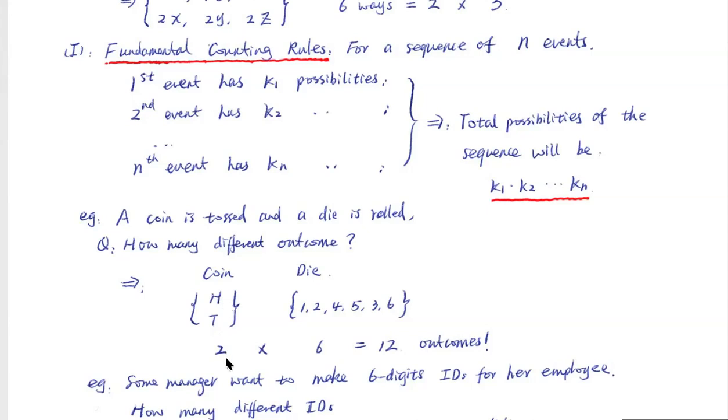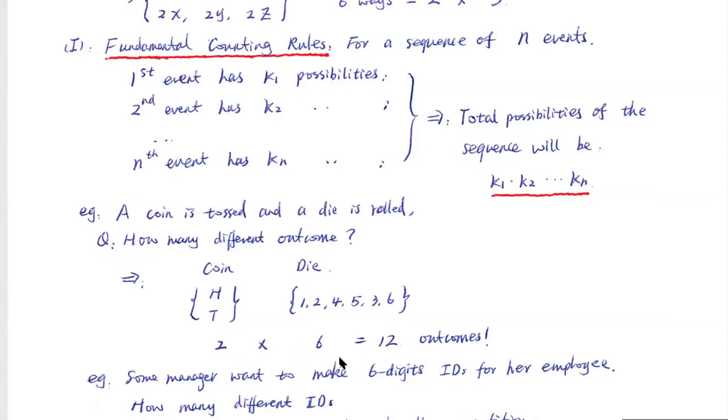And if we roll a die, how many possible outcomes? 1, 2, 3, 4, 5, 6. So 6 possible choices. When we combine those 2 events together, we simply multiply them together. It's like a sequence of events. 2 multiplied by 6, you get 12.